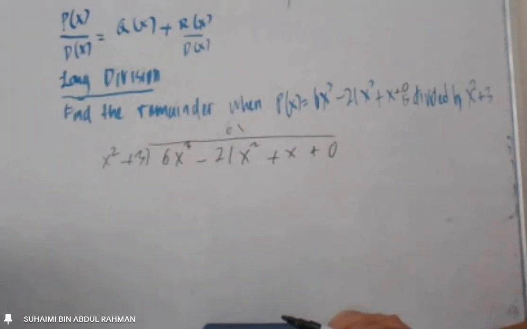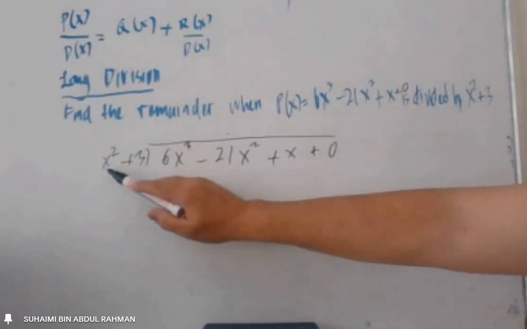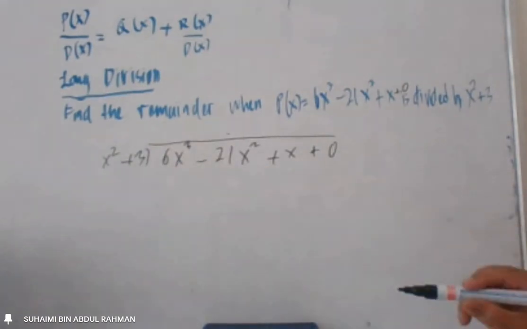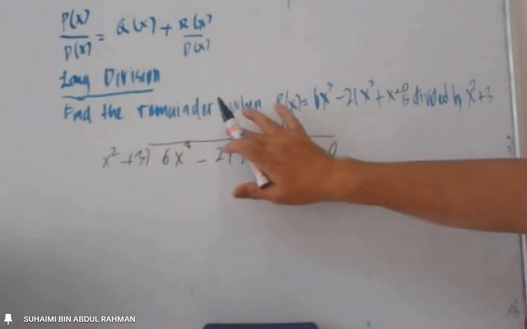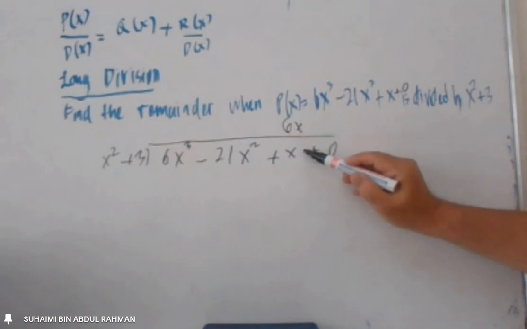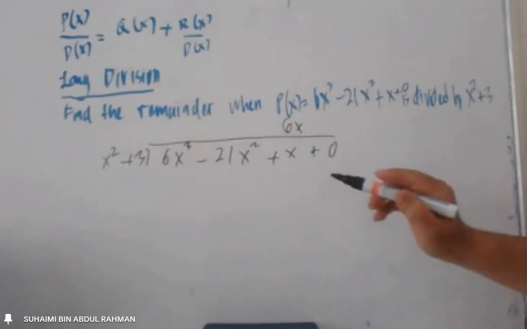We write 6x here instead of here because we want to be in the same column as the highest power of x, which is 1.